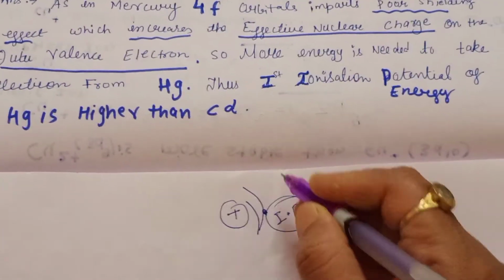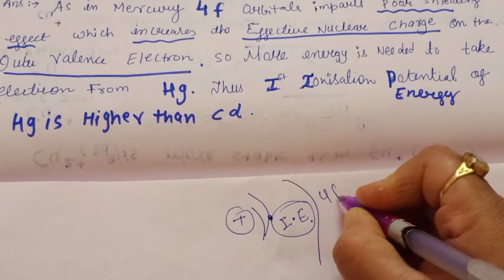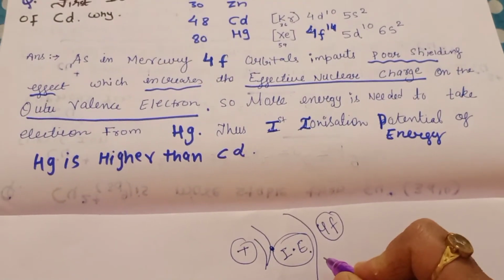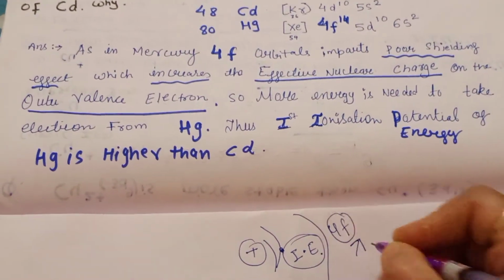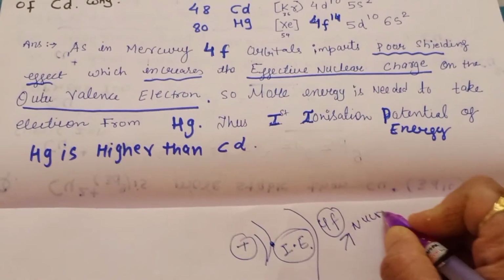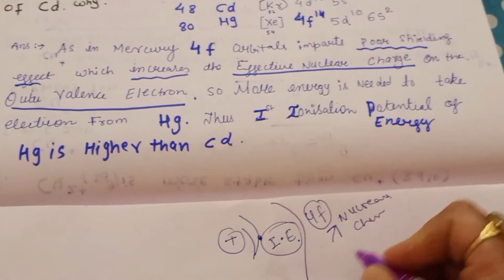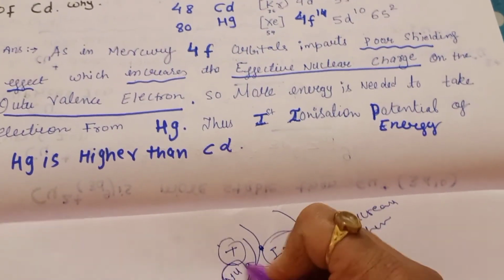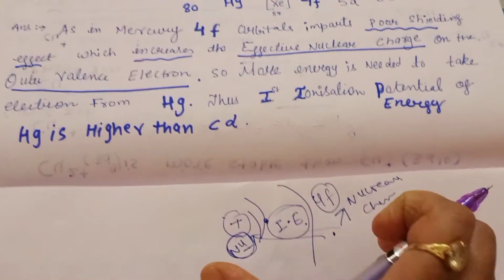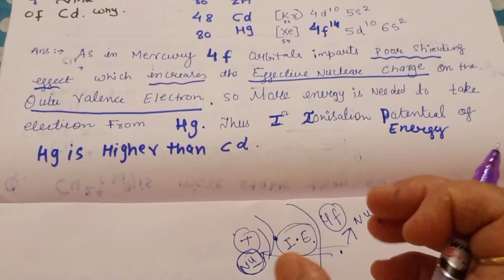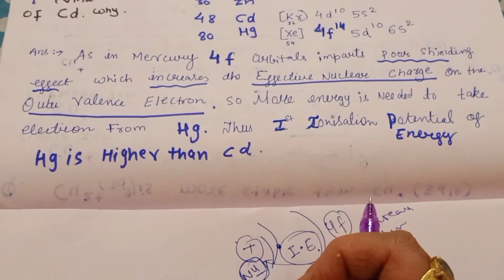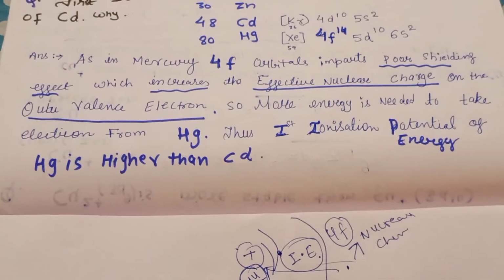Because of the presence of the 4f electrons in mercury, they cause the poor shielding effect, so they increase the effective nuclear charge. If the nuclear charge increases, the electrons will be more attached to the nucleus, so there is more attraction. Because there is more attraction between the nucleus and the electron, it is tough to drag the electron from the outermost shell.